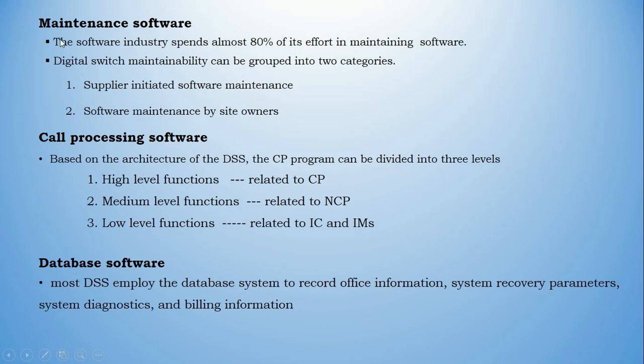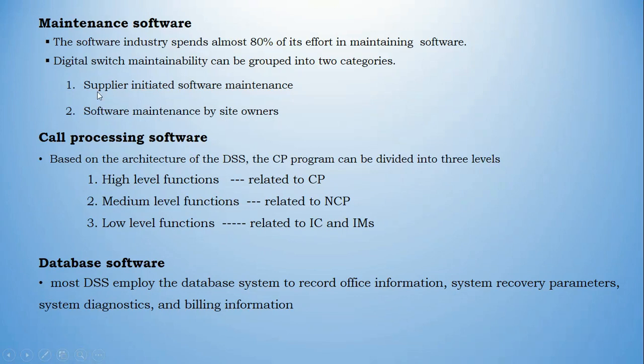In the maintenance software, in the earlier module we already went through how many maintenance softwares there are. 80% of the effort depends only on maintenance. To maintain any organization, maintenance is the important one. The maintainability is grouped into 2. The maintenance may be done by the suppliers, or it may be done by the site owners.